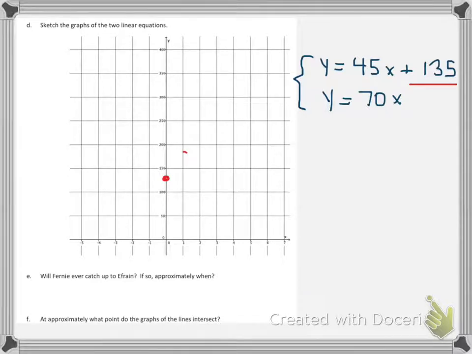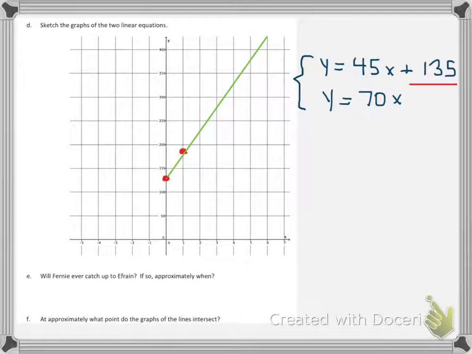So somewhere in there. All right, so there's our first line, and then I can draw that line that fits those 2 points just by connecting them. And let's see, it's going to be something like that.